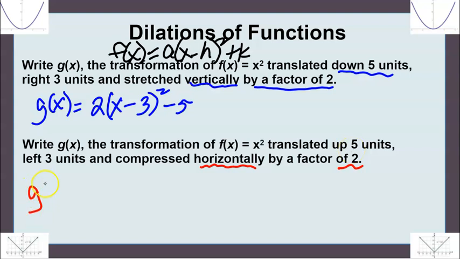So I'm going to have g of x equals, since the a is on the inside, I'm going to put 2 on the inside, and this would be 2x, and then 3 units to the left. Normally it's x minus, but because my h is a -3, I'm going to make it a +3. This is squared. And then it's translated up, so that's a +5. So that would be our function.